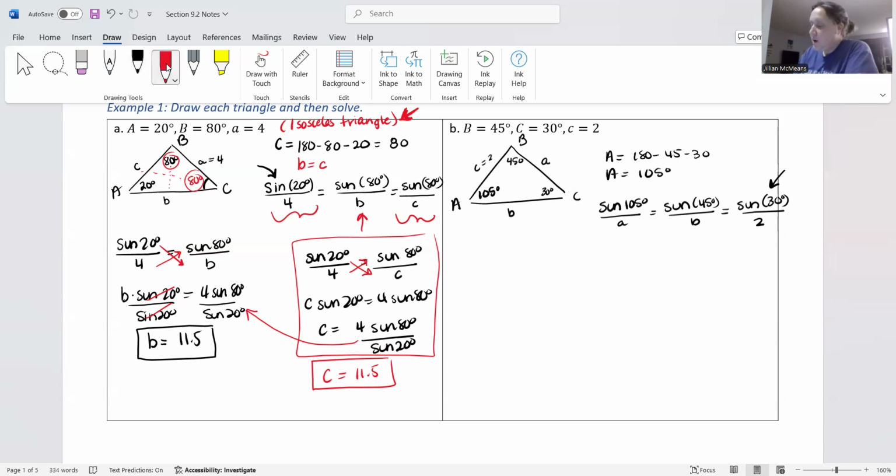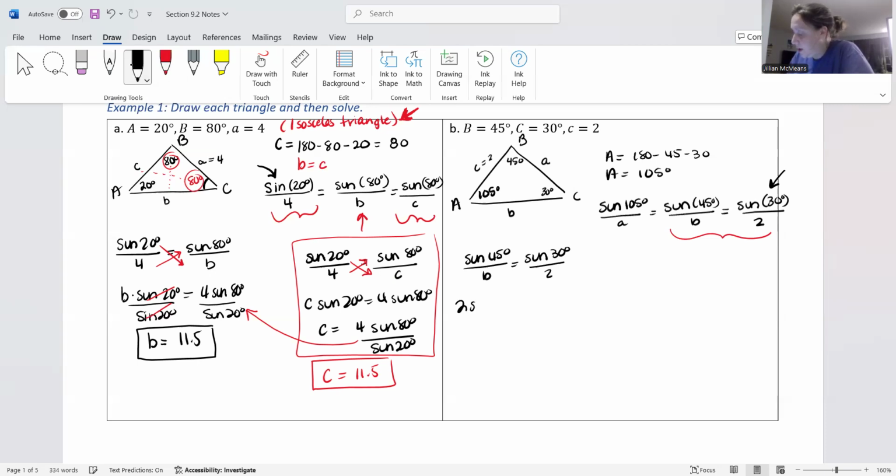Okay, so luckily we have one full ratio, and if we have one full ratio, it's really not that bad. So let's go ahead and use this ratio involving big C and little c, along with the ratio for big B and little b, to solve for the length of side b. So we get sine of 45 degrees over little b equals sine of 30 degrees over 2. We're going to cross multiply just like we did in the last example.